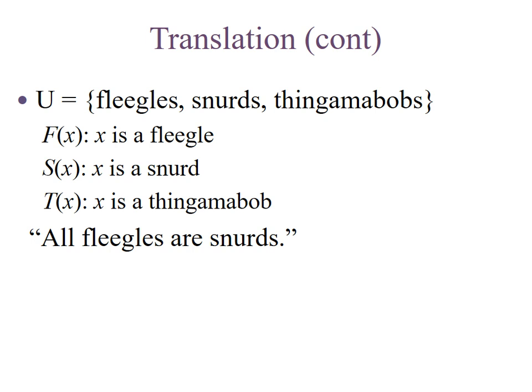What is this? For some x f of x and s of x means we have the universal. We have a lot of candidates. Then you can find one x. He is legal and he is snurred. Then maybe the expression is some legal is snurred. So that's what this means.